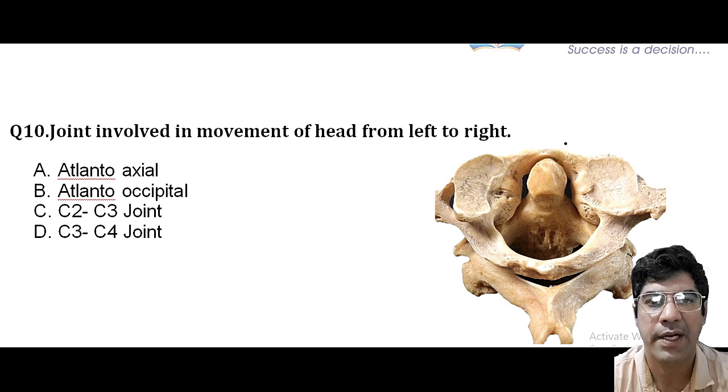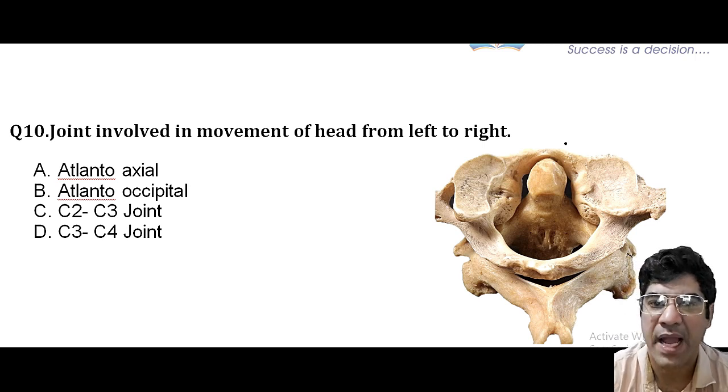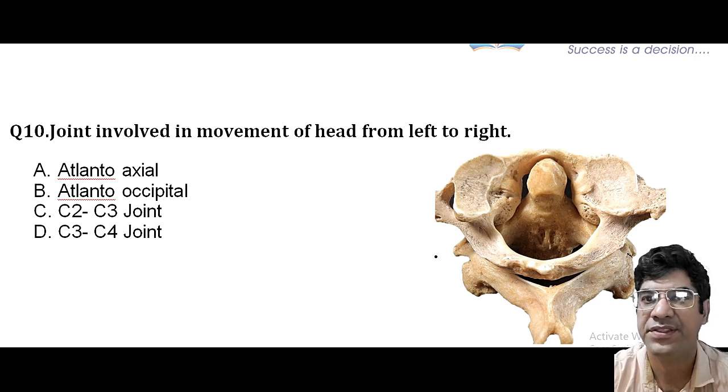So that allows the head to move forward and backward, creating the nodding motion. On the other hand, the "no" movement, that is shaking the head left and right, is primarily controlled by the atlantoaxial joint, which is located between the first cervical vertebra and the second vertebra.